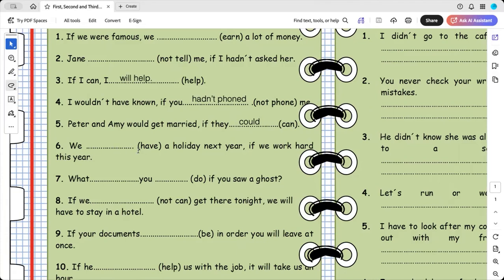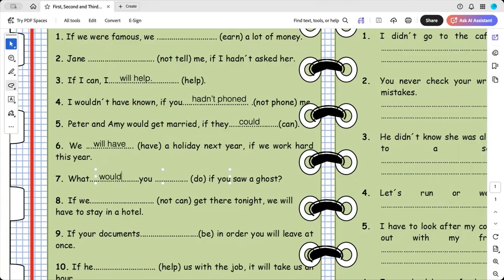Number 6: we something a holiday next year if we work hard this year. Next year. So we're talking about the future there. We will have a holiday next year if we work hard this year. Number 7: what something you something if you saw a ghost?